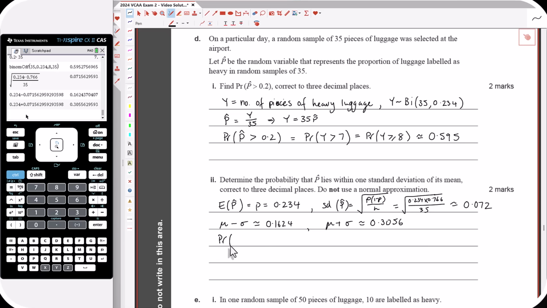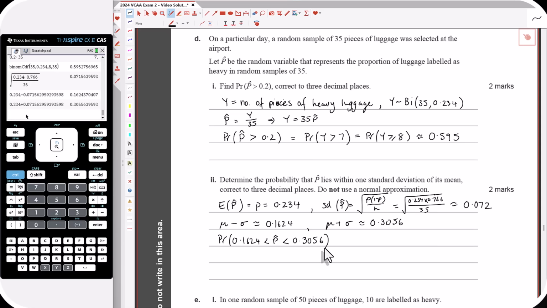Okay, so we want the probability that 0.1624 is less than P hat, which is less than 0.3056.